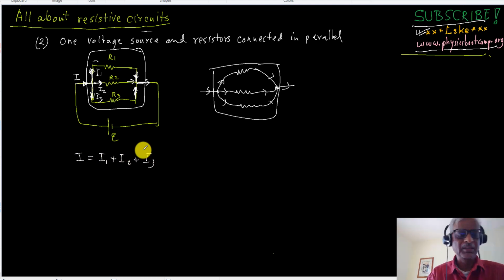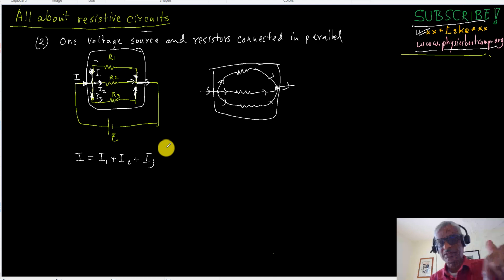Now, do you know why? Well, because there's no charge accumulation. Current is coming in, which means charge is moving, but there's no place where charge is accumulating. These are steady currents, and charge is not accumulating at or depleting from any point, so there's no source of current here.